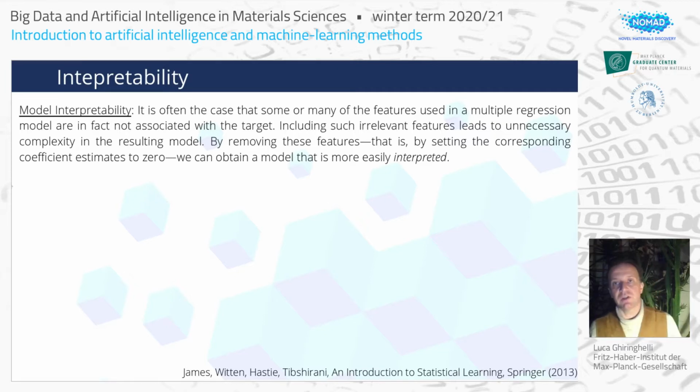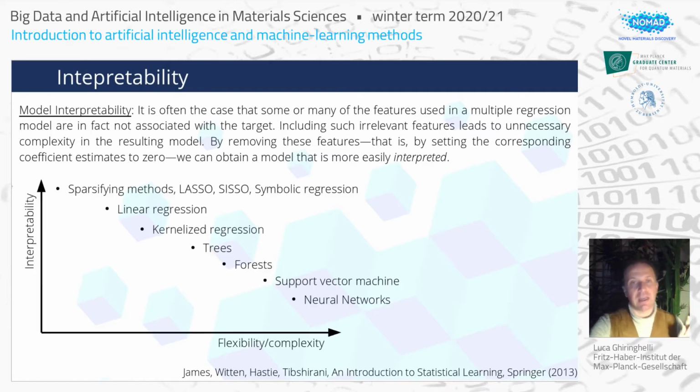By removing these features, that is by setting the corresponding coefficient estimates to 0, we can obtain a model that is more easily interpreted. So interpretability of a model is directly related to its complexity. If only a few of the features are switched on to be part of the model, then the model is more interpretable, because we can look into what is happening.